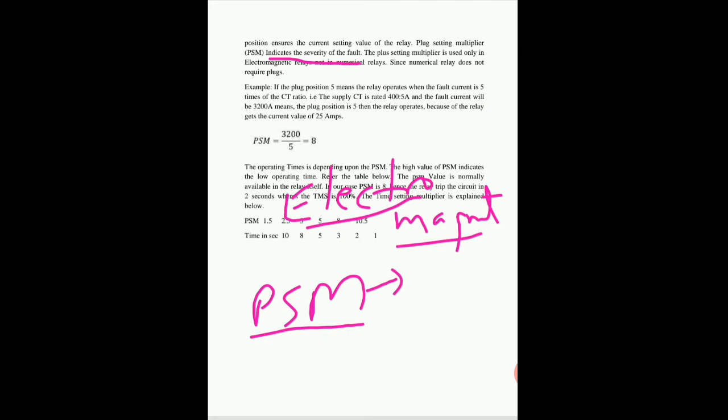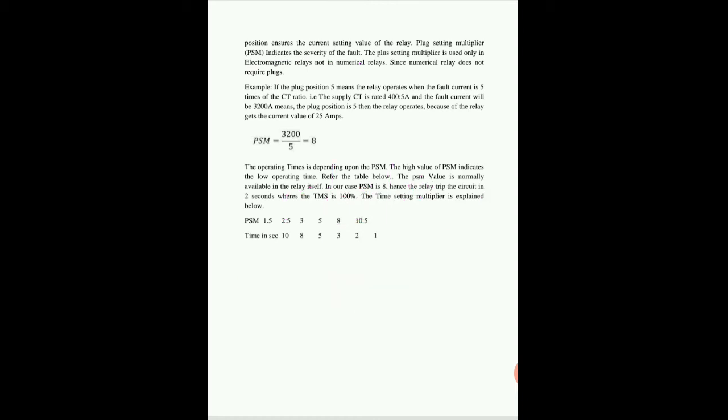You have to remember this point and make a note in your notes that in the electromagnetic relay we use the plug setting multiplier. An electrical relay does not require a plug. Now, with an example, we will understand how we can determine the plug setting multiplier.